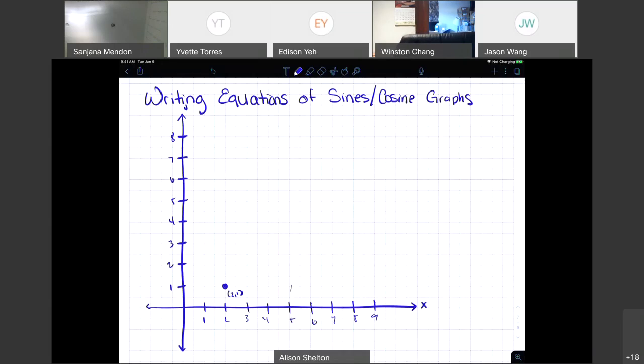It goes through the point 5, 7. And it goes through the point 8, 1. All right, so copy the graph.